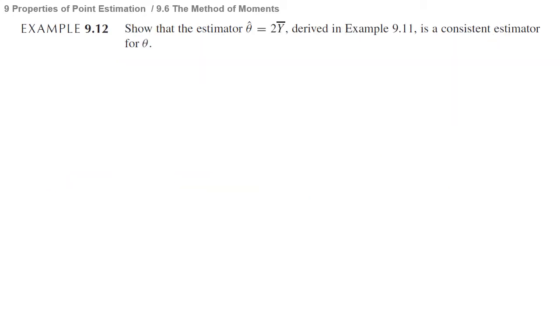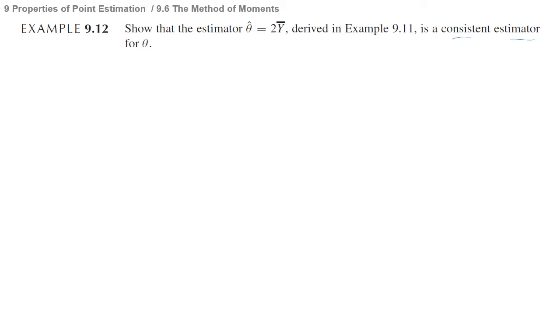Let's move on to example 9.12. Show that the estimator theta hat equals 2y bar, derived in example 9.11, is a consistent estimator for theta.